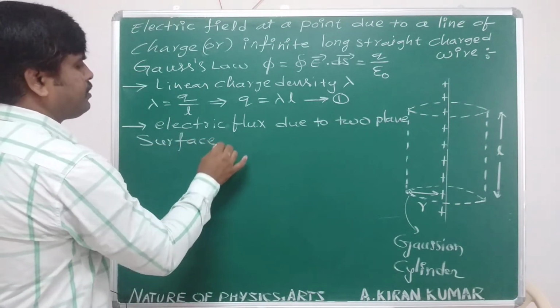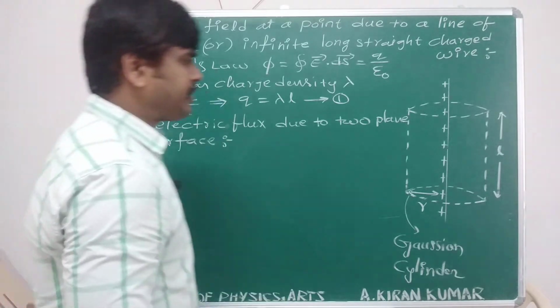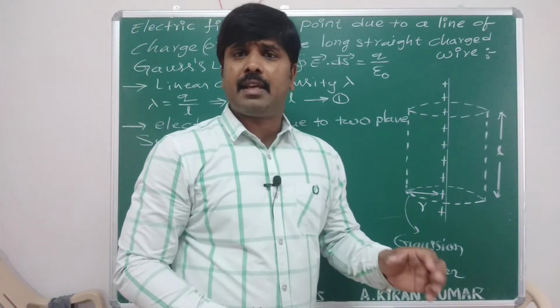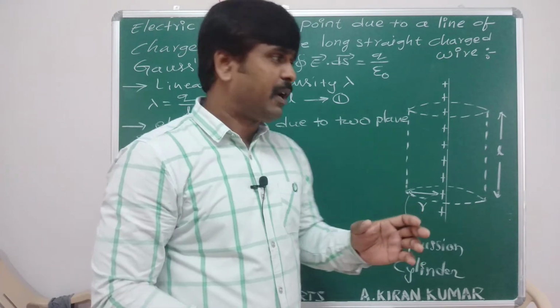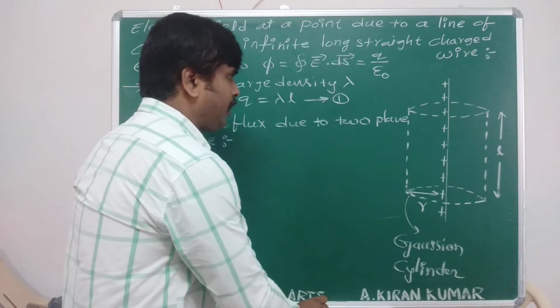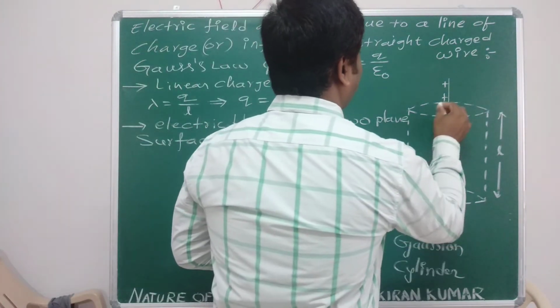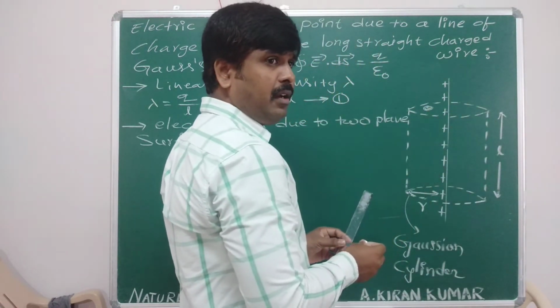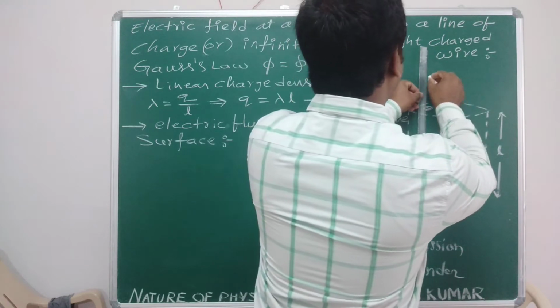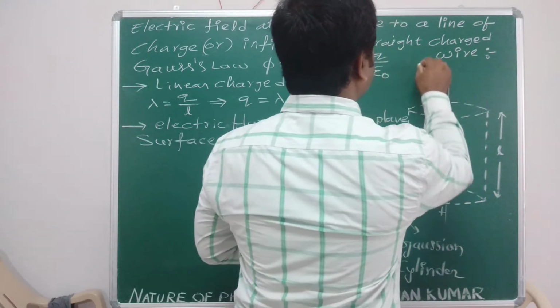First try to understand. I am taking S as the surface area, ds is the small element area, and ds bar is the area vector. So this is taken as the surface area ds, and this is the area vector ds bar.